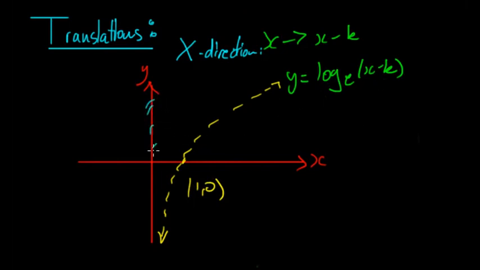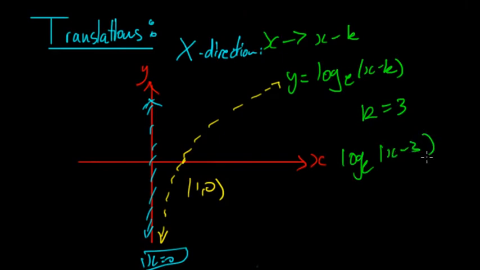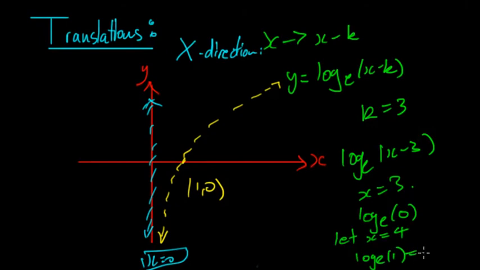Previously you had the asymptote here at x is equal to 0. But now we have to think, let's say k is equal to 3, we'll get log e (x minus 3). Now when x is equal to 3, then log e 0 doesn't exist. Now when we let x is equal to 4, we find that we have log e 1, which is equal to 0.